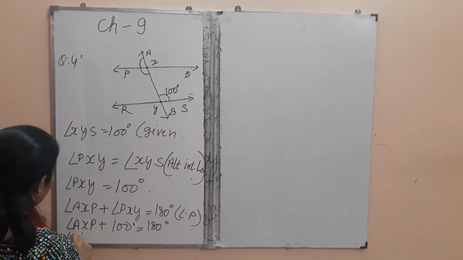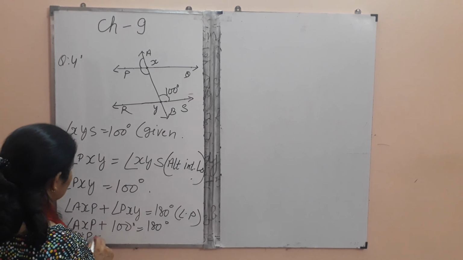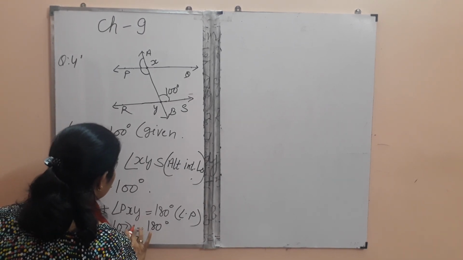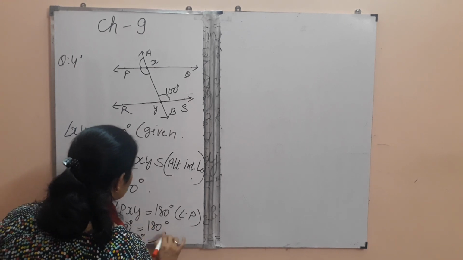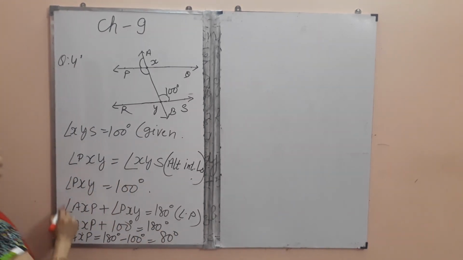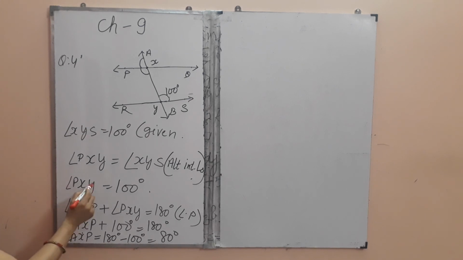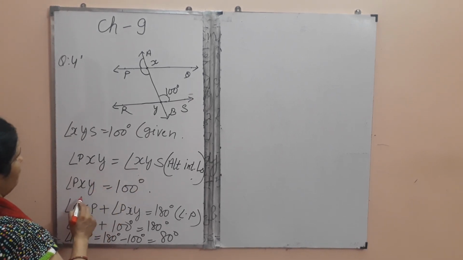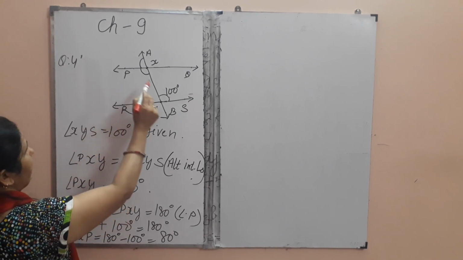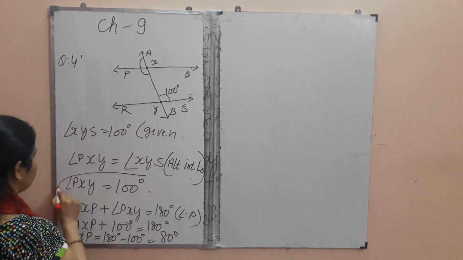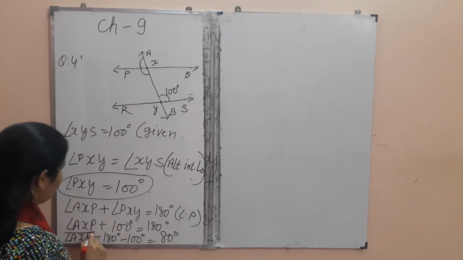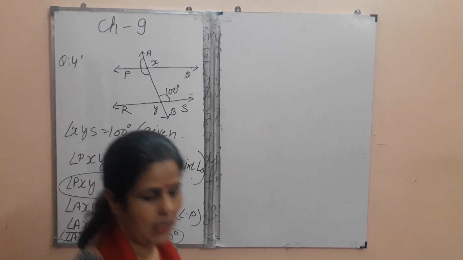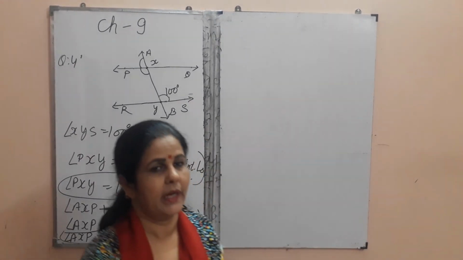So angle AXP equals 180 degrees minus 100 degrees, equals 80 degrees. So both angles, angle PXY and angle AXP, which are asked in the question, we have found. Understood?